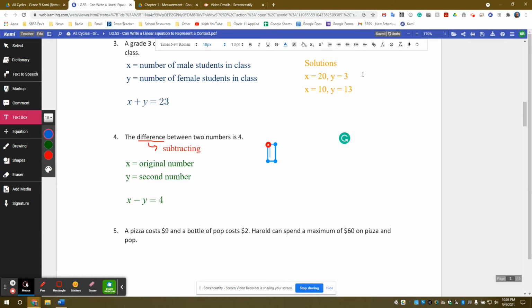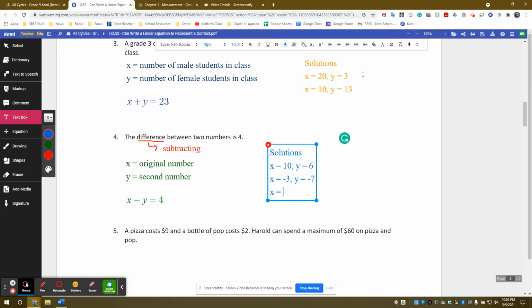So let's take a look at a couple solutions that we could have in this case. This should be a fairly straightforward one to find solutions. If x is equal to 10, well, 10 minus what is 4? Well, y has to equal 6. It's always going to be a difference of 4. If x is equal to negative 3, y has to be equal to negative 7 because it has to be 4 less.